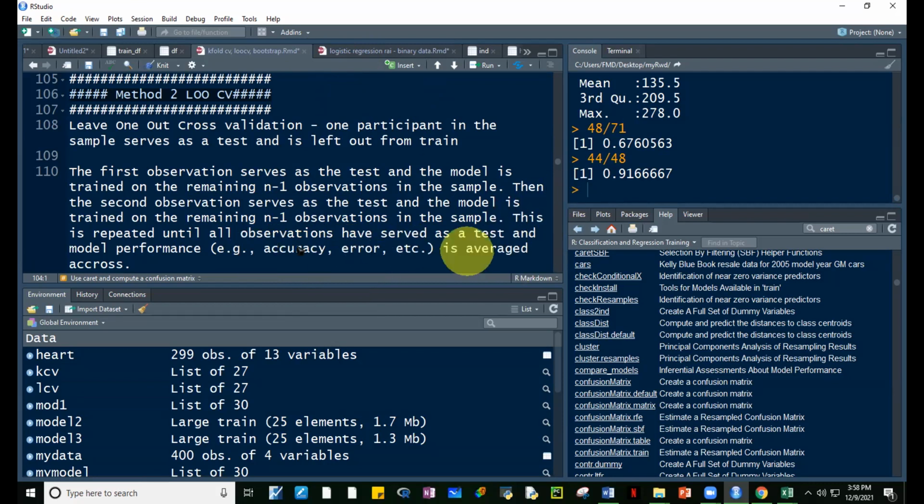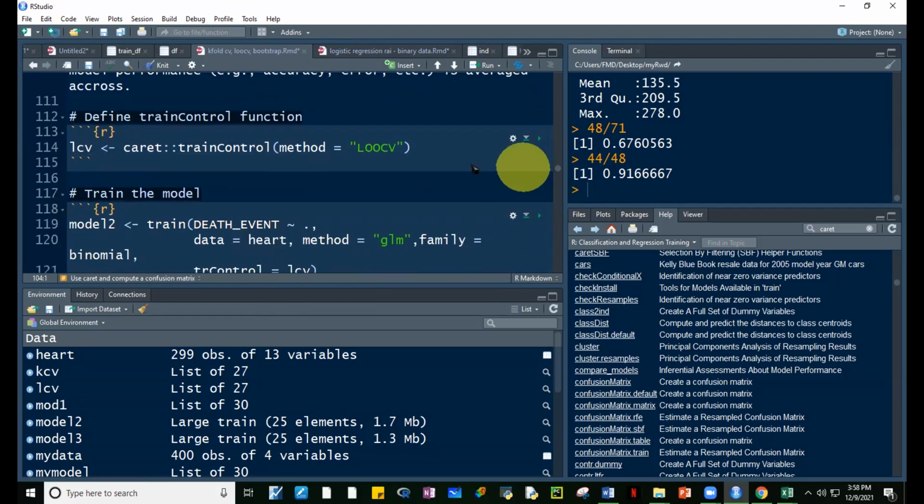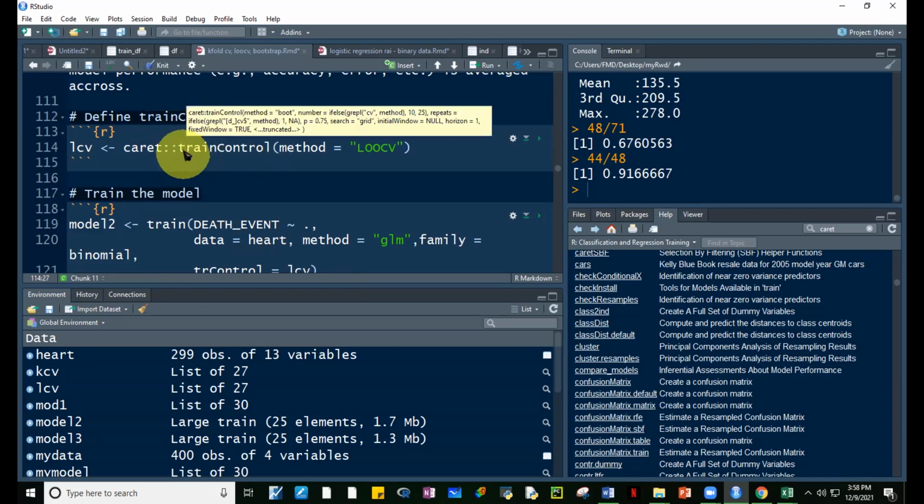Okay, and then this is averaged across. Okay, so let's do this. So dito mag-create tayo ng train control. Okay, so this is sa caret very handy to kasi imagine, guys, isa-isahin natin yung leave one out. So good luck. Kahit 300 lang yan, isa-isahin natin, di ba?